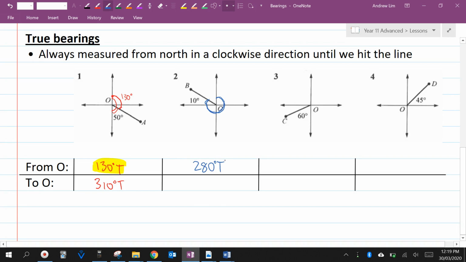Now if I want the opposite bearing, to O or from B, then I need to look at this answer that I just wrote down. Because that answer is more than 180 degrees, I need to subtract 180 from it to get the opposite bearing. Alright, I hope that makes sense. Have a go with question 3 and 4 yourselves.